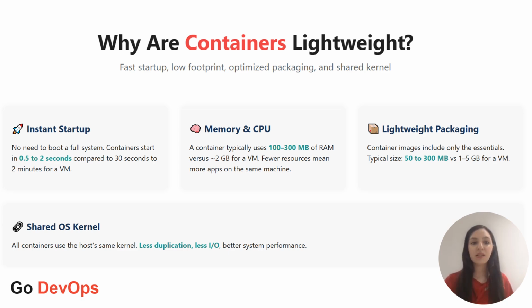Lightweight packaging. Container images are small. On average a container image is between 50 to 300 megabytes, and a virtual machine image is usually between 1 to 5 gigabytes, because it includes an entire operating system, and containers only carry the essentials: your app, its dependencies, and a minimal runtime environment.